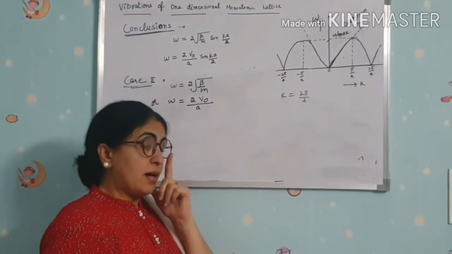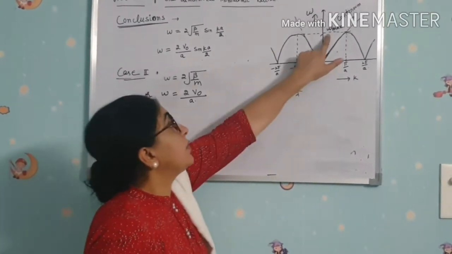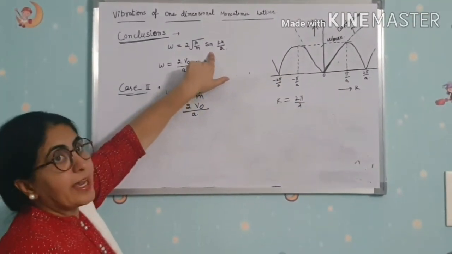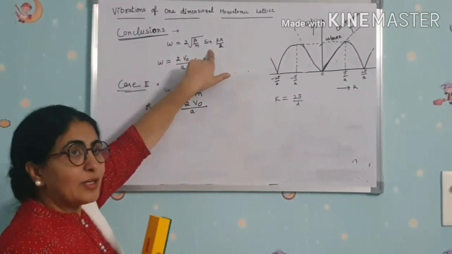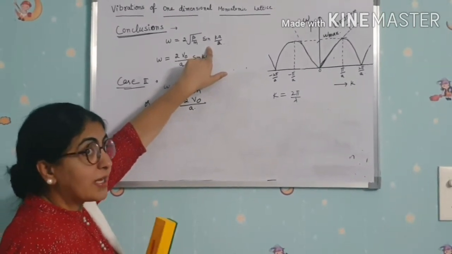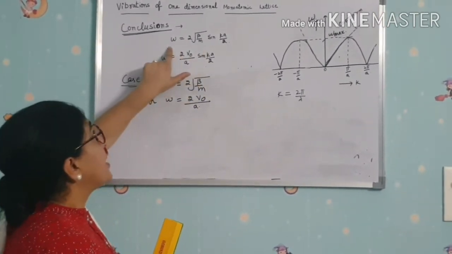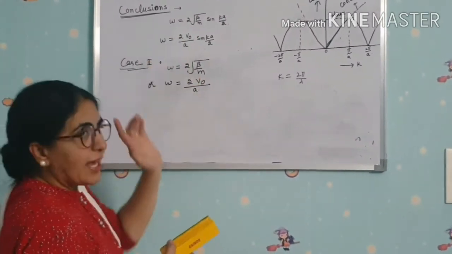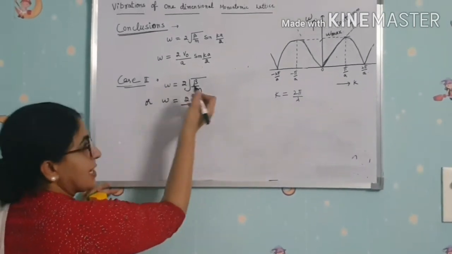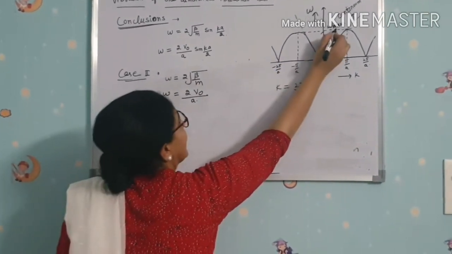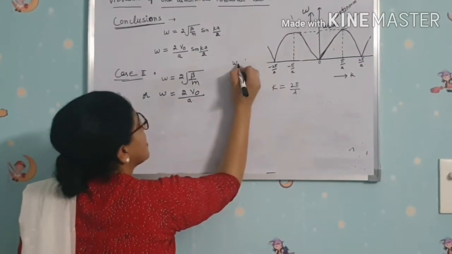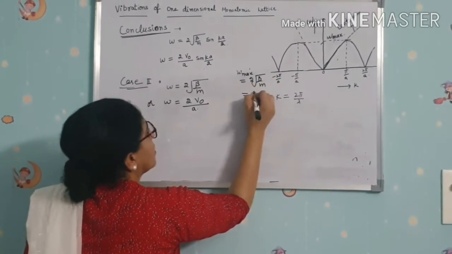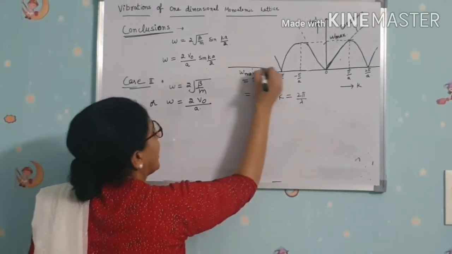That is when the value of sine k by 2 is maximum, that is 1. When this value is 1, then omega is equal to 2 under root beta by m, or 2 V naught over a. Clear? So this is the maximum frequency, 2 under root beta by m, or equal to 2 V naught by a.